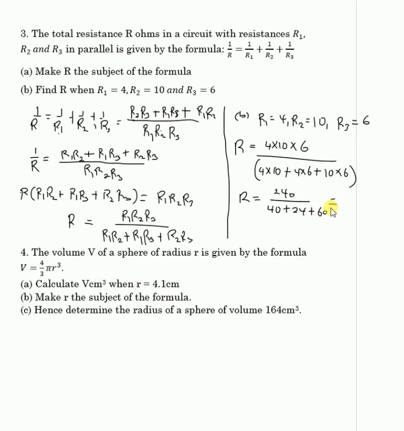And this one will get us 240 divided by 124. This one is something like one whole number and 29 over 31. You can press the calculator and get it as a fraction.